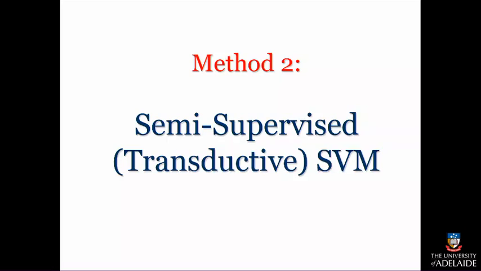We have already studied support vector machines, but for the case of supervised learning, which means you only use labeled data. This method in the literature is also called transductive support vector machine. It's more principled than this co-training idea.